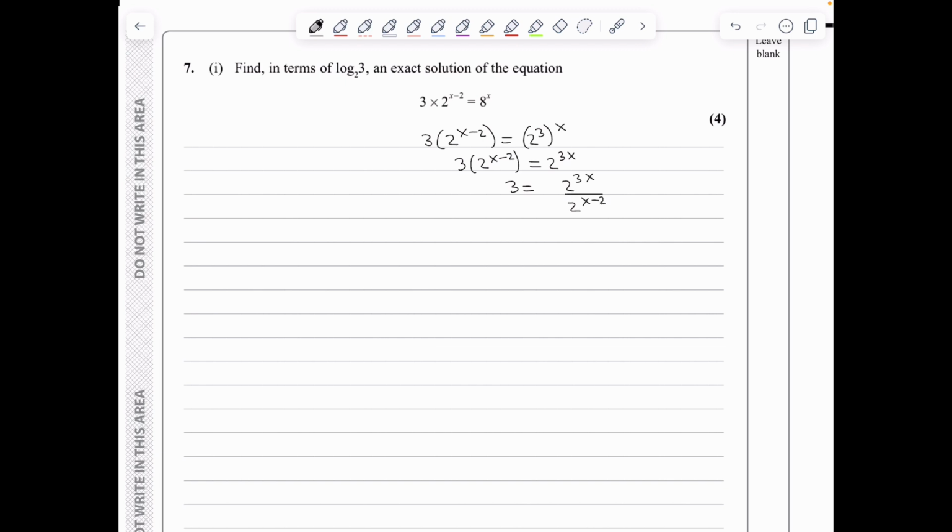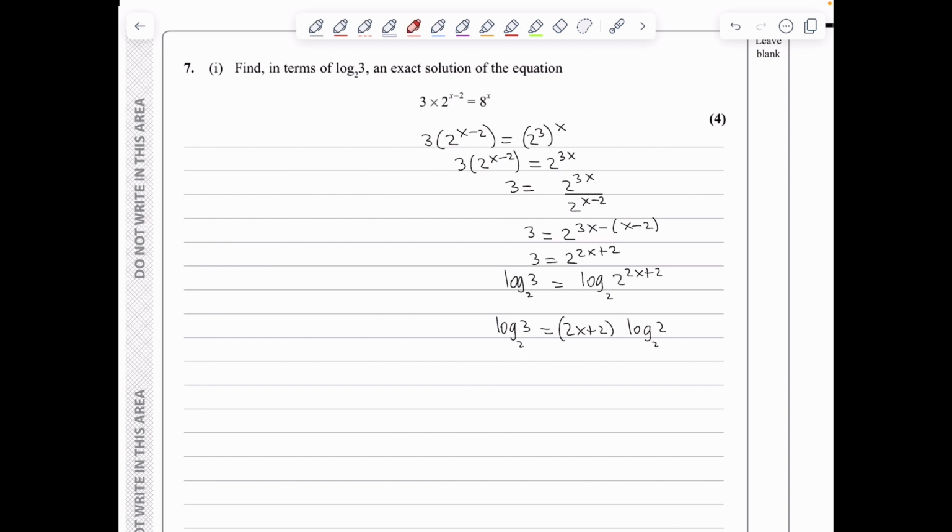Well, we know that when we've got a division with a common base, we subtract the indices, so this leads to 3 is 2 to the 3x minus brackets x minus 2, and therefore 3 is 2 to the 2x plus 2. I can now take log base 2 of both sides, which leads to log of 3 base 2 is equal to log of 2 to the 2x plus 2 base 2, and therefore log of 3 base 2 is 2x plus 2 times log 2 base 2.